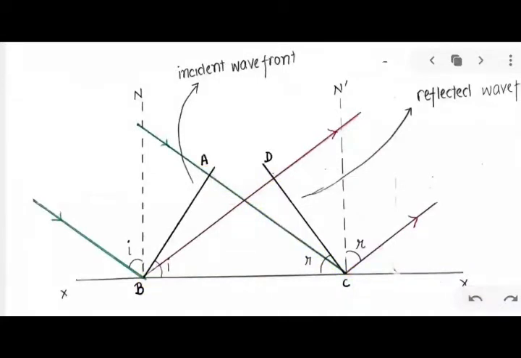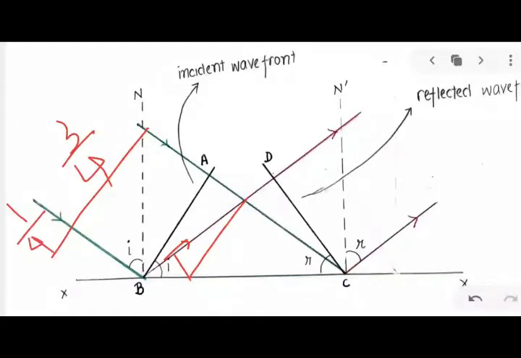In this similar manner, what happens? As the point A moves towards the surface, the ones which are already reflected start moving towards point D. Now in this case you can see, let us say this is 3/4 part, and this is 1/4 part.